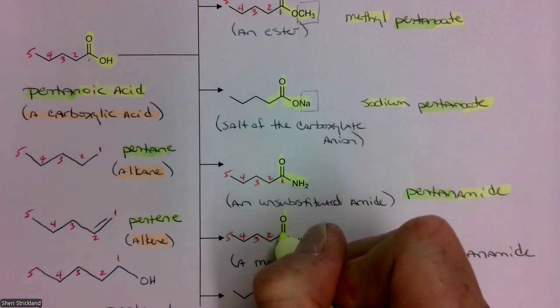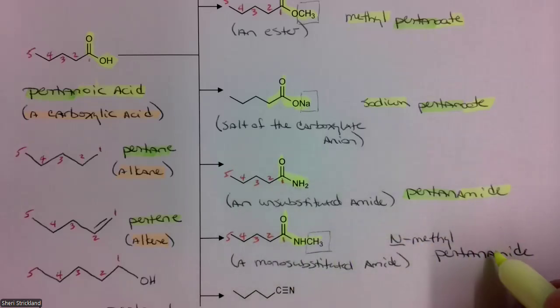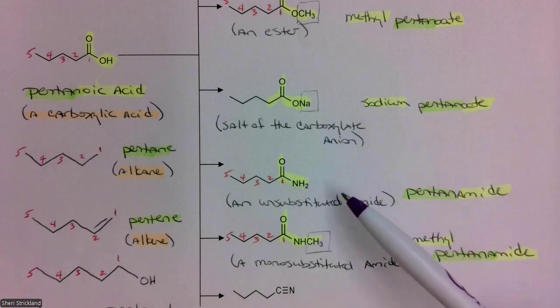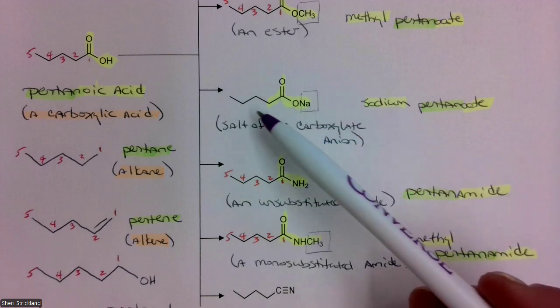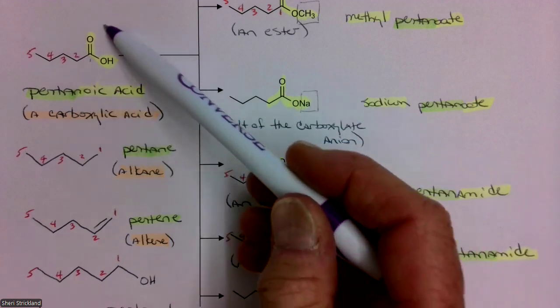All right, so let's color in the functional group and do that. And then the parent and how it's related to the carboxylic acid, it's pretty easy to see. And it doesn't take too much of a stretch to see how each one of these carboxylic acid derivatives is related to that.